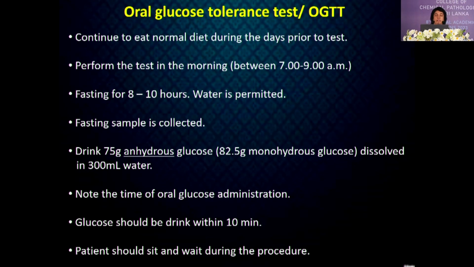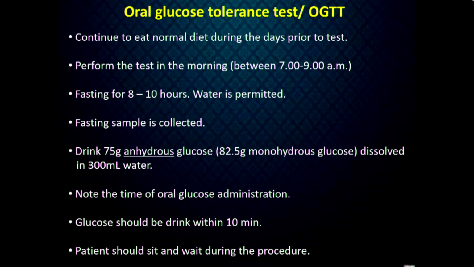Then the oral glucose tolerance test. OGTT is used to assess the postprandial glucose metabolism of a person. The patient should be allowed to take a normal diet for at least 3 days, and the test should be performed in the morning. 8 to 10 hours of fasting is needed, during which the patient can drink water.